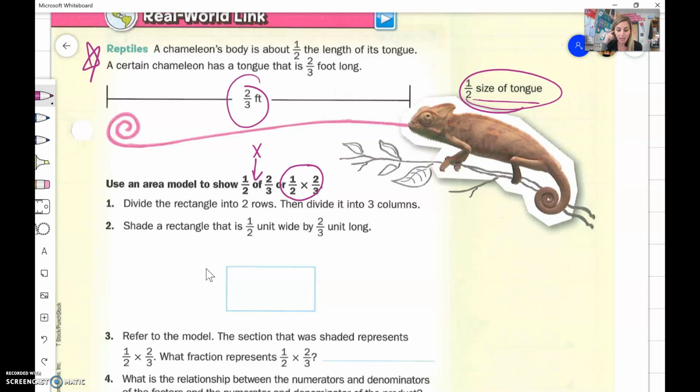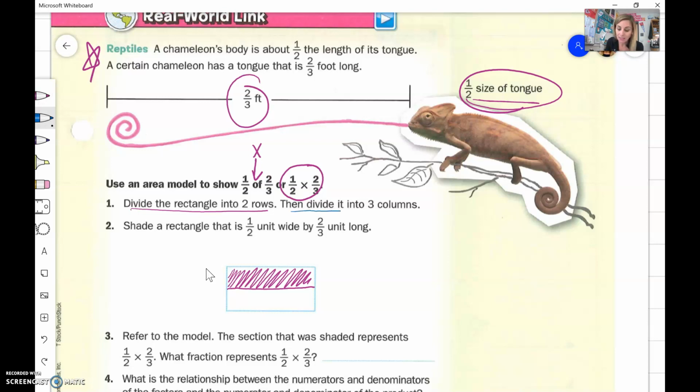It says divide the rectangle into 2 rows. So here's my rectangle down here. I'm going to divide it into 2 rows. And again, it says that we have 1/2. Well, I'm going to go ahead and shade that in really lightly with this color, 1/2. That's 1/2 of that rectangle. Okay, now I'm going to change my colors.